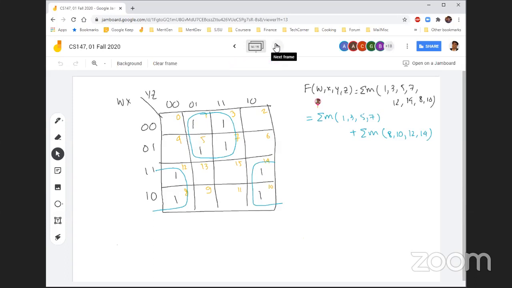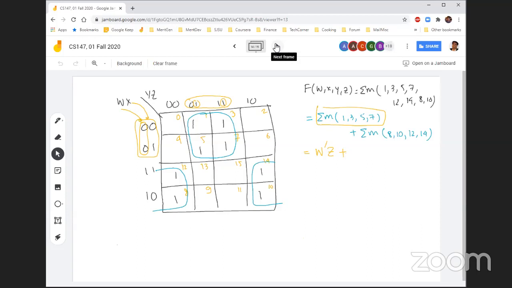This one. Again, we look at the variable which is constant. The x belongs here, w belongs here. Look at the row. We see x varying, but w is constant at 0. If a variable is constant at 0, we write the inversion of that, like w bar. And in this group, z is constant at 1. So it becomes w bar z.